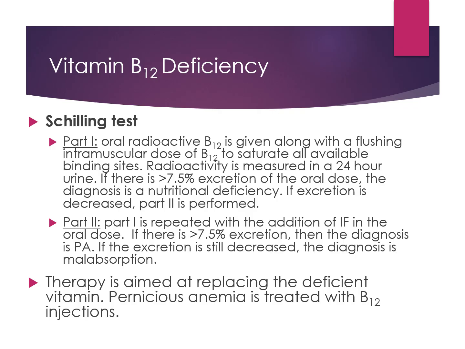Now, in part 2 of the Schilling test, we repeat everything that we did in part 1, but in this case, we add intrinsic factor to the oral dose. After 24 hours of collecting urine, if there's a greater than 7.5 excretion, then the diagnosis is pernicious anemia, because we have added in that intrinsic factor that was lacking, and now we're having a proper amount of excretion. But if the excretion is still decreased, we automatically deduce that the diagnosis is malabsorption.